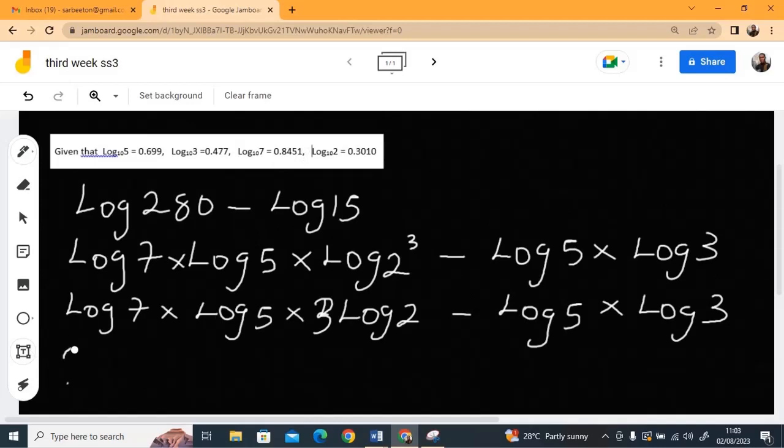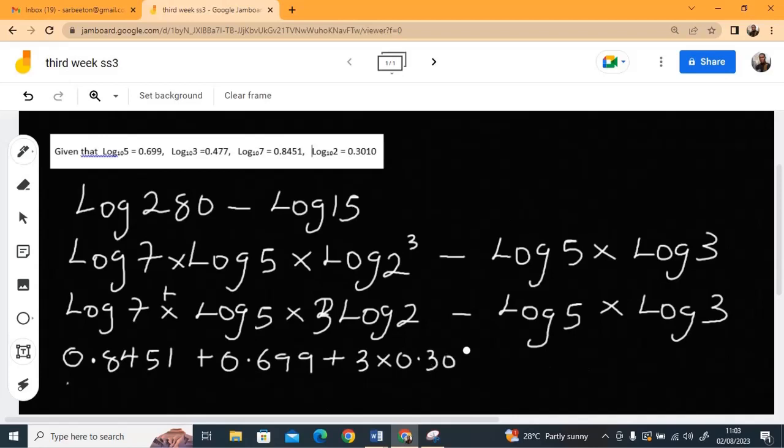0.8451, plus. Log 5 is 0.699 plus, no, this one will be 3 times log 2. That is 3 times log 2, where log 2 is 0.3010.